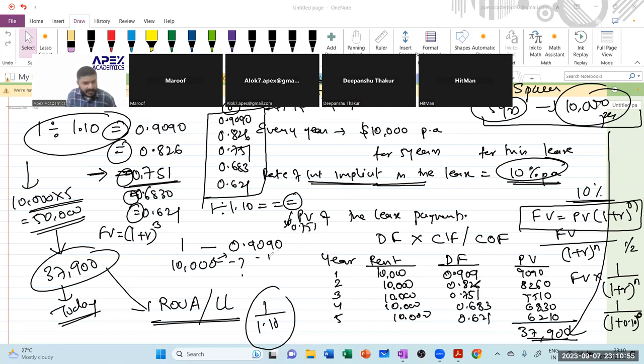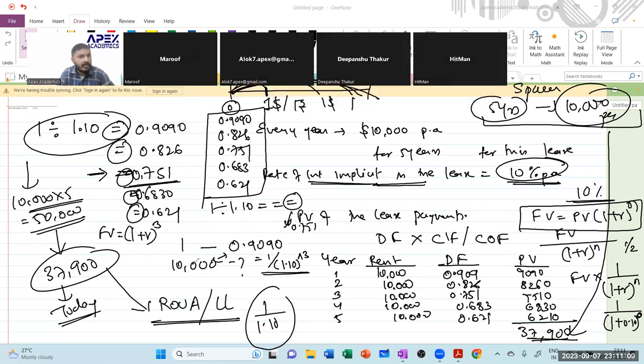Type is equal to 1 divided by bracket 1.10, press the raised to 3, and you will get 0.751. You can do this in an Excel sheet cell also. Are you with me? No need to take a screenshot of this. Assimilate the concept in your mind.